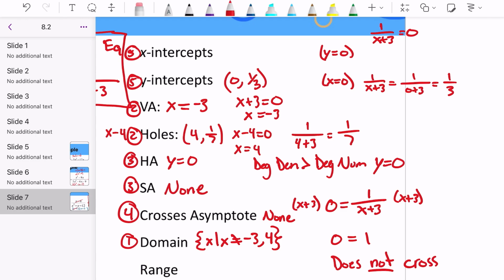When we multiply both sides by x plus 3, 0 times that entire x plus 3 will turn it into 0. So it's going to be that 1 is equal to 0. In this case, because 1 is equal to 0, it does not happen, which means we do not have an x-intercept.